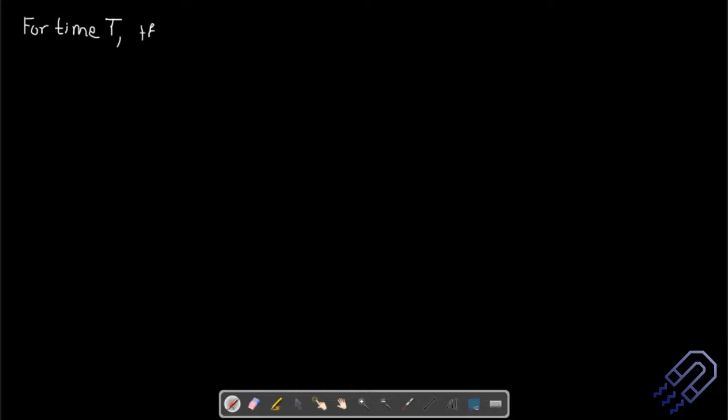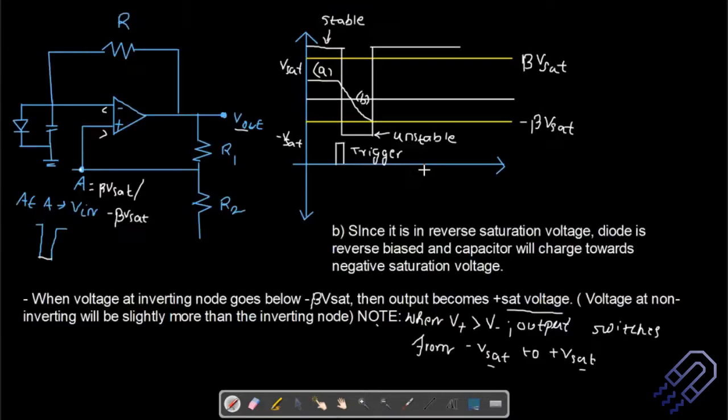Basically, for time T, the output remains in the unstable state. So for time T, the output will remain in the unstable state.